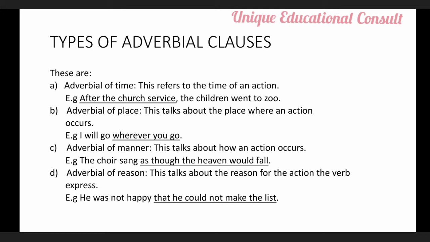That is the way the choir sang. It's as if the heaven should come down. So that is what this means. "As though the heaven would fall" is what is known as the adverbial clause in that sentence. That is why it is underlined.